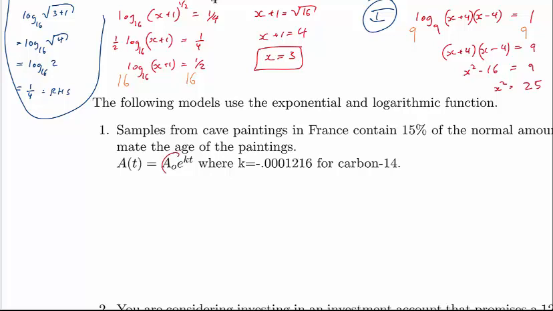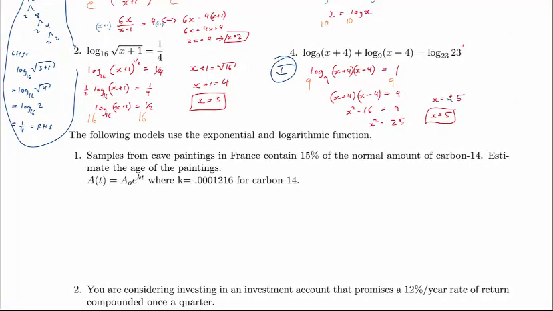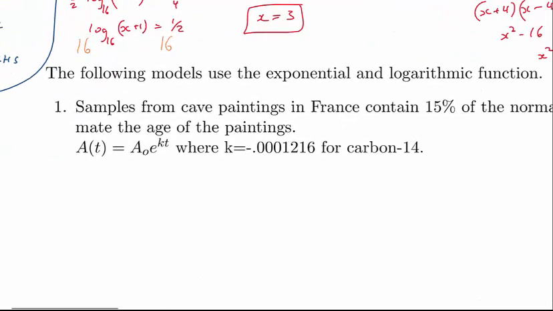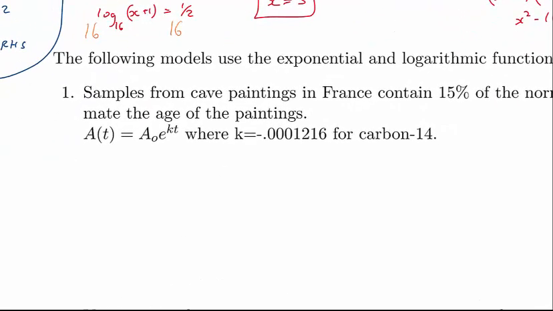What is A naught? A naught is your original amount. And then k is a constant. t is time. I believe in this case it is in years. Yes, it is in years. So what if this were in terms of half-life? Well, for half-life, you'd still have your A of t. You'd still have your A naught.